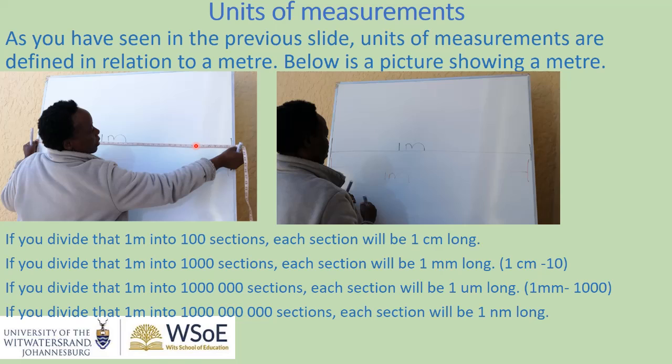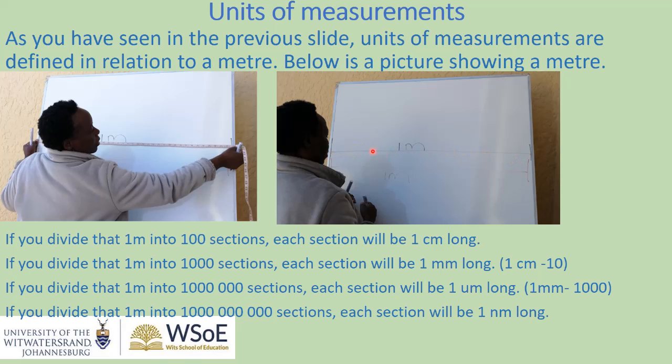So actually I found out that the width of a whiteboard that we use in the lecture rooms is a width of 1 meter. And therefore, when we talk of those measurements, if you divide this, from here to here, it's 1 meter.